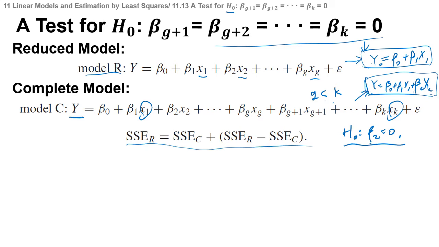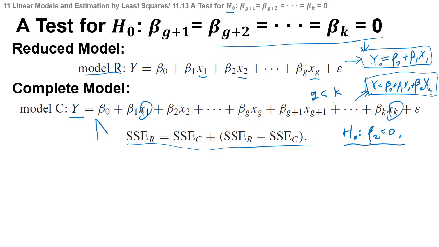The sum of square error of the reduced model can be written as the sum of square error of the complete model plus, actually, reduced minus complete.